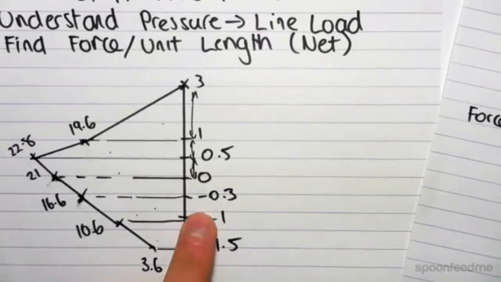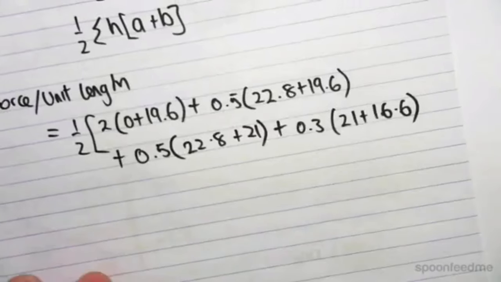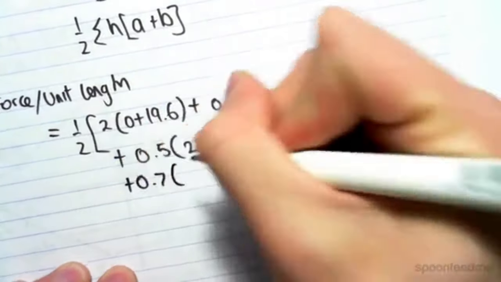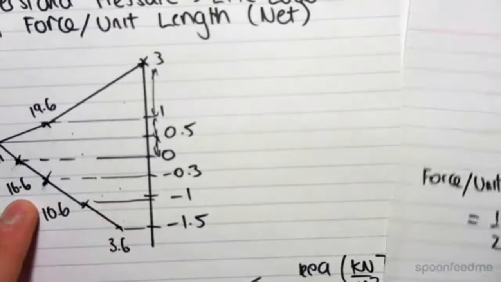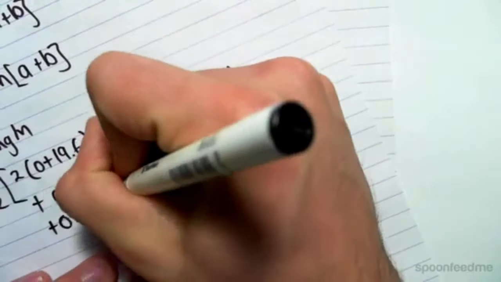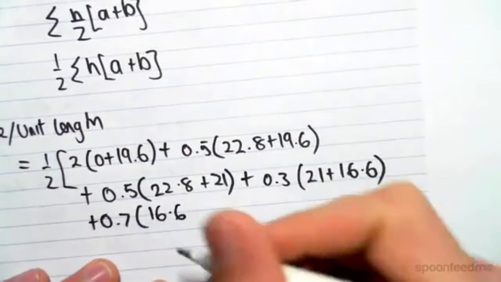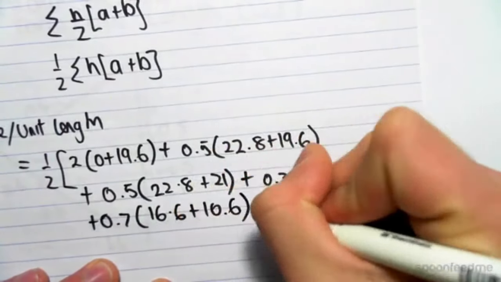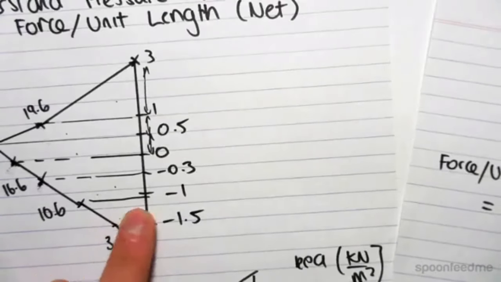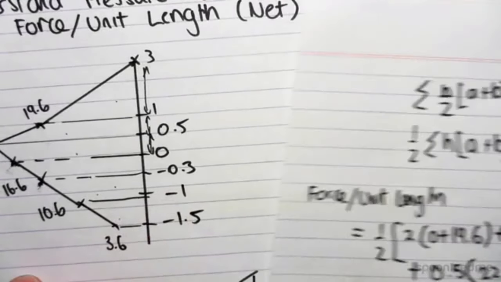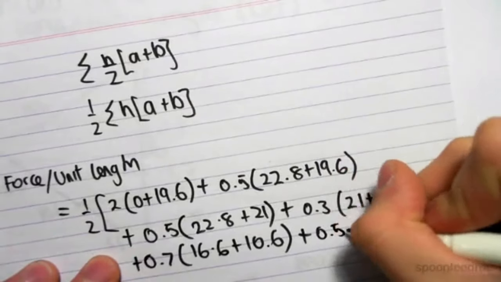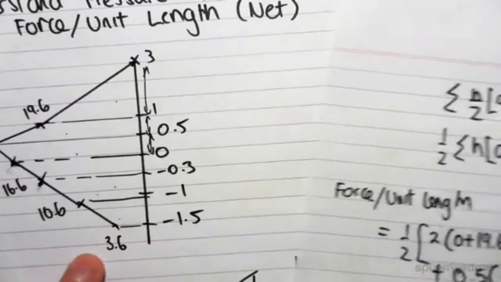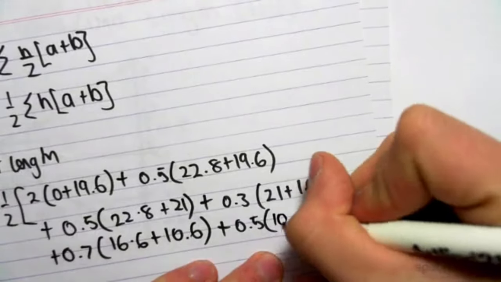From 0.3 to 1, that length is 0.7, so plus 0.7 outside of 16.6 plus 10.6. And the last one is from 1 to 1.5, which is 0.5 outside of 10.6 plus 3.6.